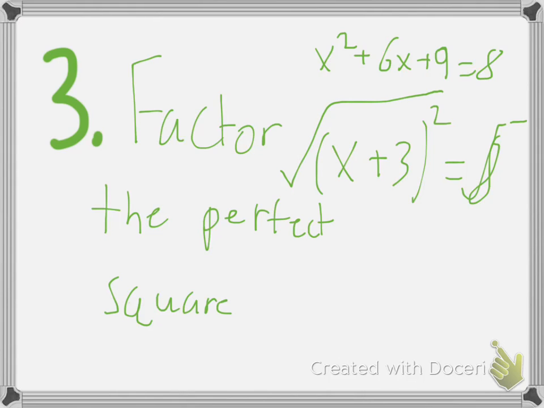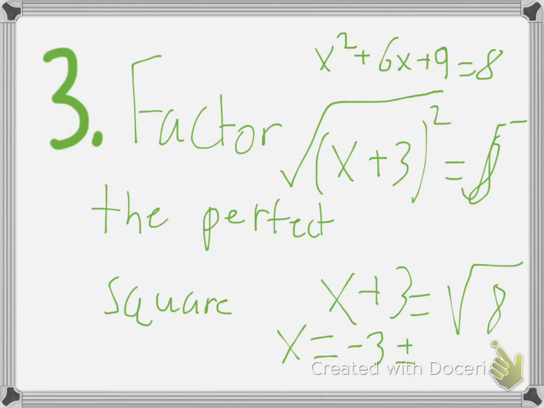So what you come up with is x plus 3 equals square root 8. Then, because you have to have two solutions, you get it to where x is equal to negative 3 plus or minus square root of 8.